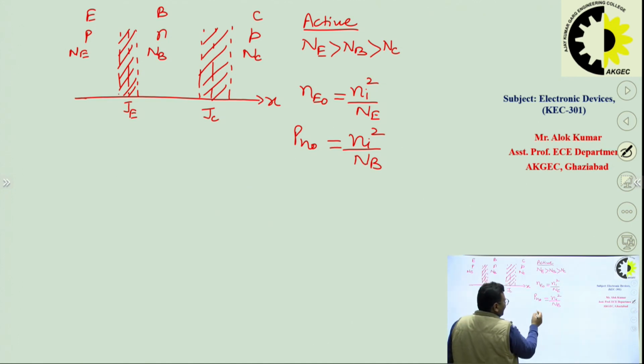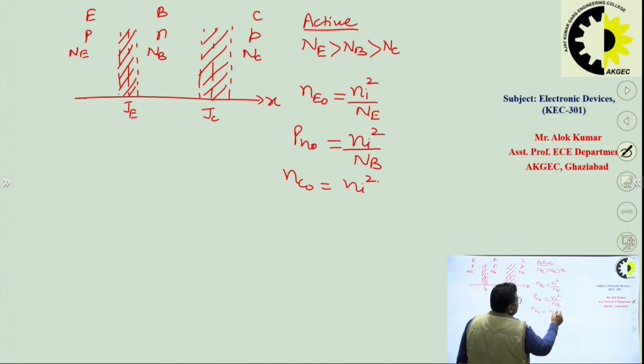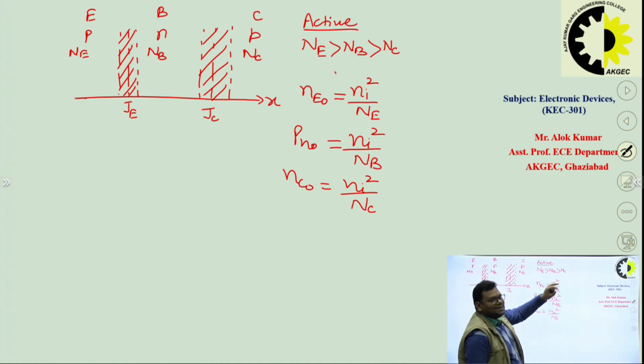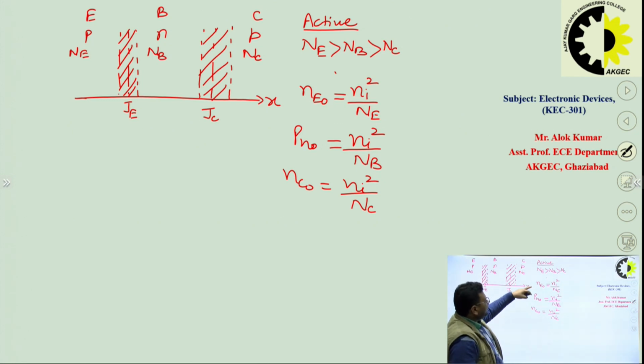Similarly, in the collector it should be Nc naught, which is Ni square divided by Nc. As we have considered Ne is greater than Nb and Nb is greater than Nc, these minority carrier concentrations should be in reverse order.